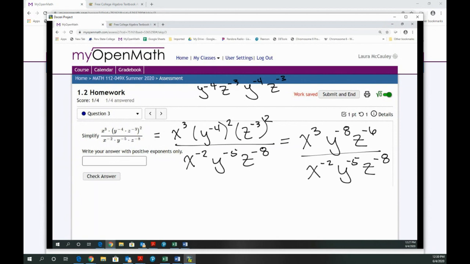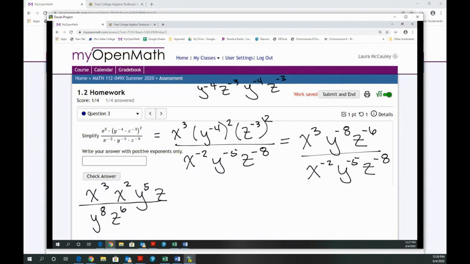If we move the negatives first, the x cubed is on top. The y to the negative 8th would go to the bottom. Z to the negative 6th would go to the bottom. The x to the negative 2 would go to the top. Y to the negative 5 would go to the top. And z to the negative 8 would go to the top. See, all those, oops, he's not negative anymore, is he?